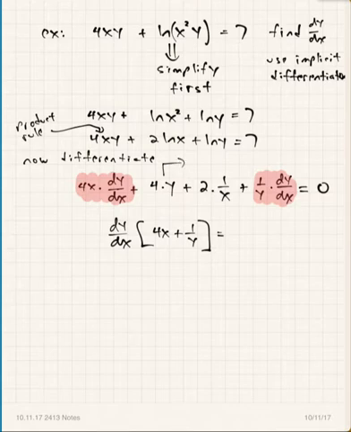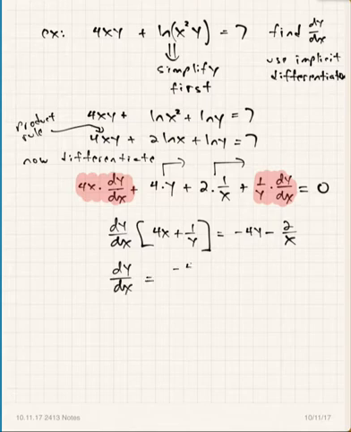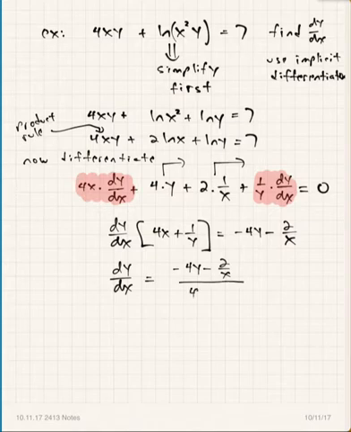So this is going to get moved to the right side, that's going to get moved to the right side. So that would be negative 4y minus 2 over x. And then dy dx would be equal to negative 4y minus 2 over x, all divided by 4x plus 1 over y.